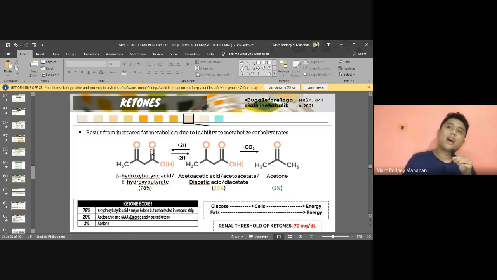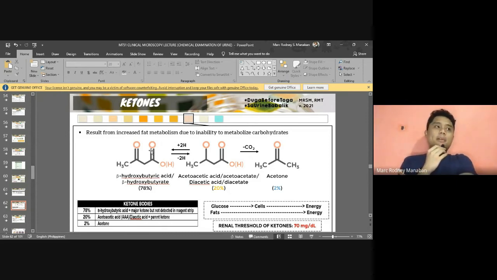After beta oxidation of fatty acids, they produce acetyl coenzyme A, acetyl-CoA. Remember, acetyl-CoA is part of the Krebs cycle. Biochem, how are we doing there? Krebs cycle is part of the production of energy. The acetyl-CoA from the beta oxidation of fatty acids will join the Krebs cycle.